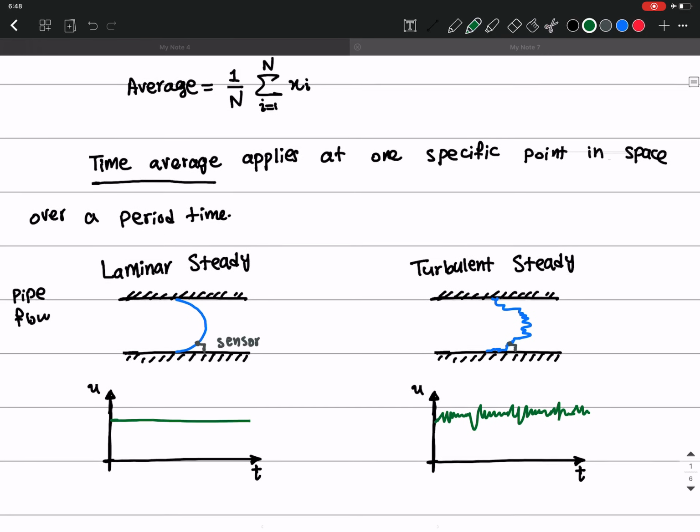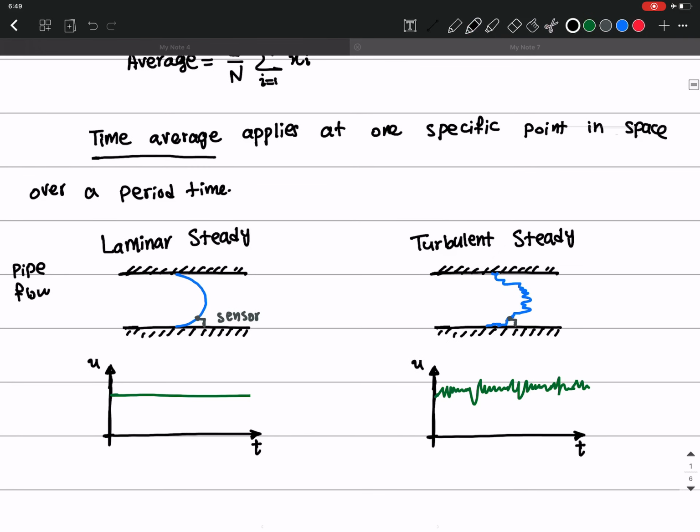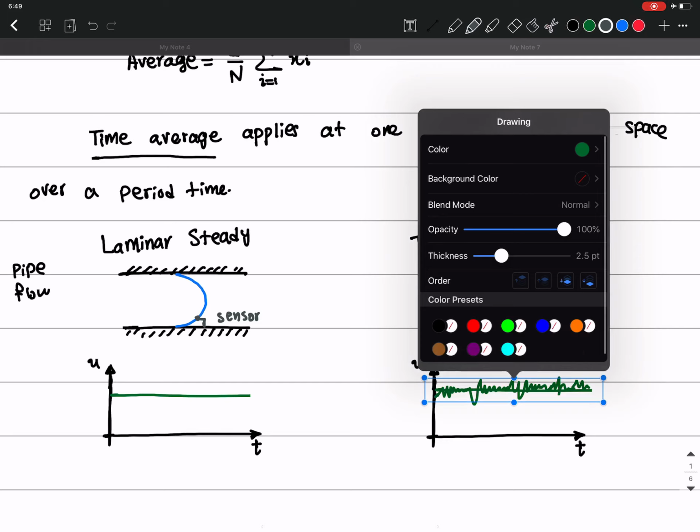And if we take the time average, it will look like something like this.